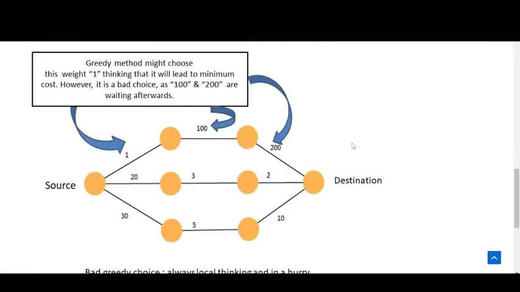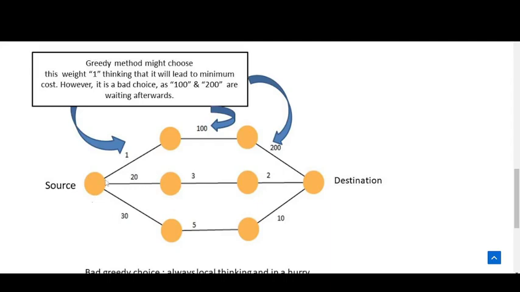Let's say this is a graph problem which finds the minimum cost from source to destination, and these are the weights given. If the person follows the greedy method, what will he do? He has three options for the first step: 1, 20 and 30.